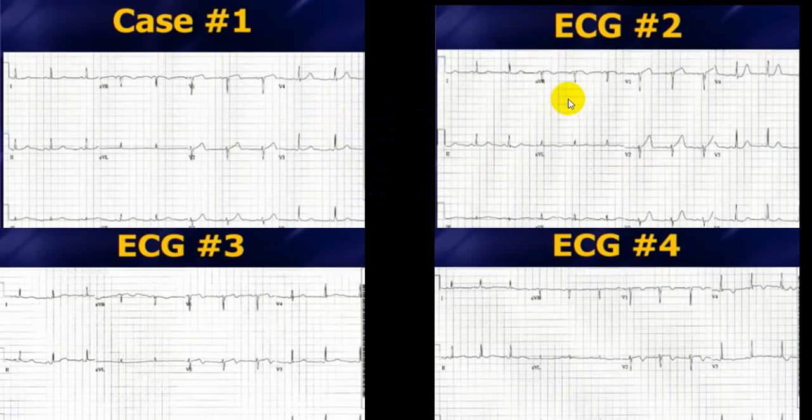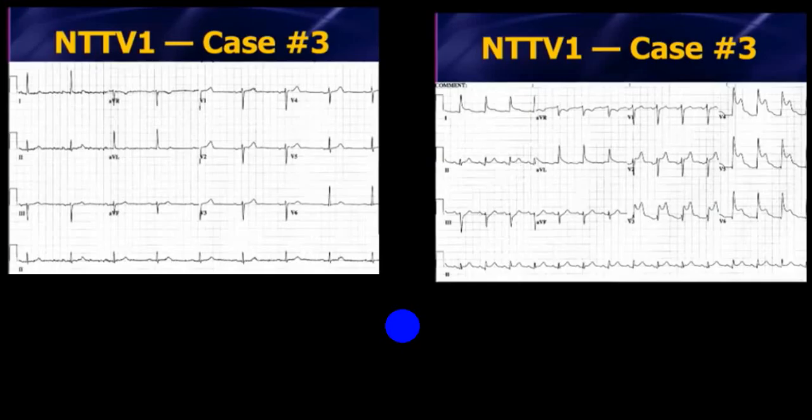Case 1, ECG 2, ECG 3, ECG 4. So the person is developing continuous changes in the ECG. This is also one of the things which tells you that these are dynamic changes. So do pay attention.